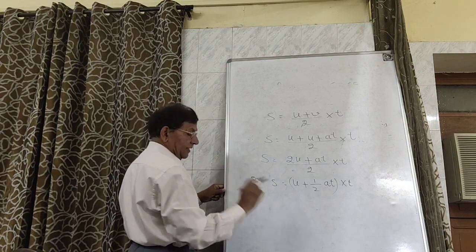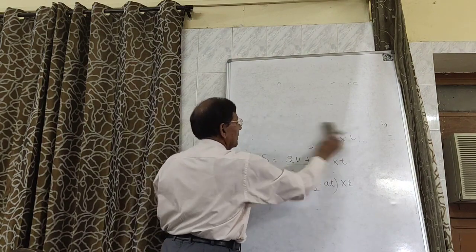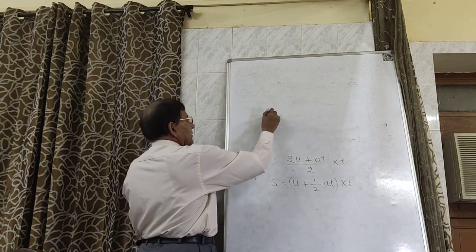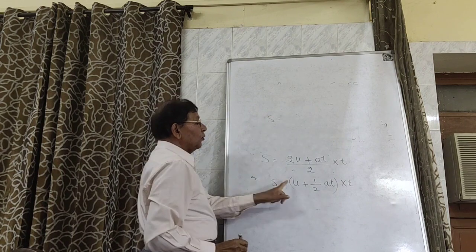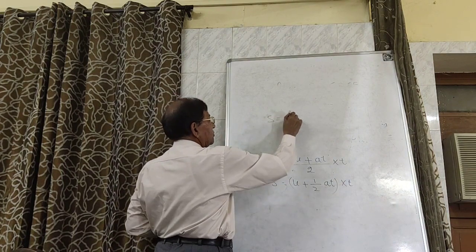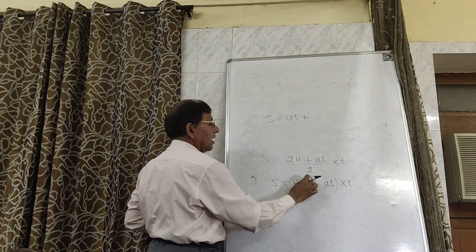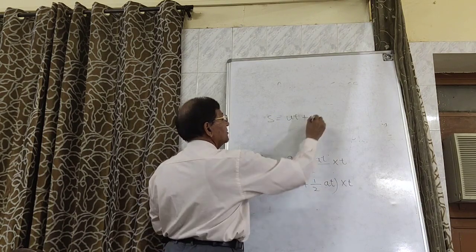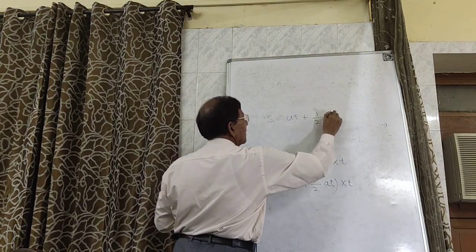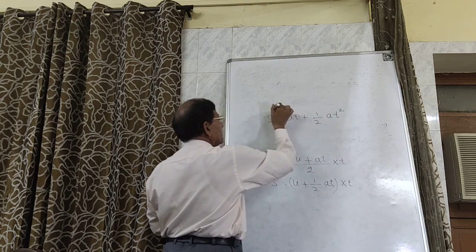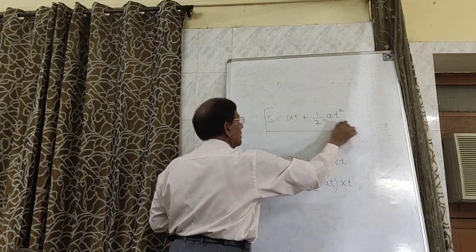So s equals ut plus half at square. That is the second equation of motion.